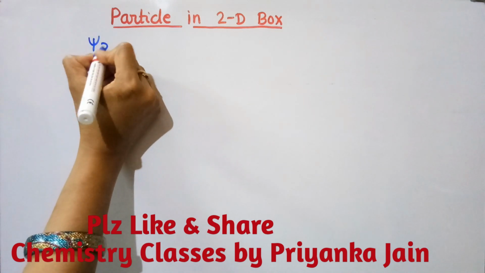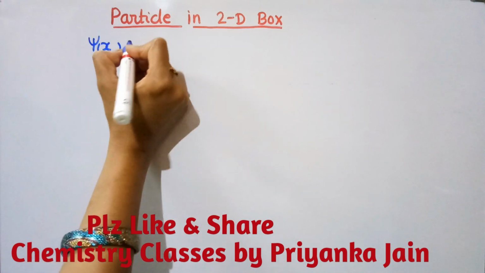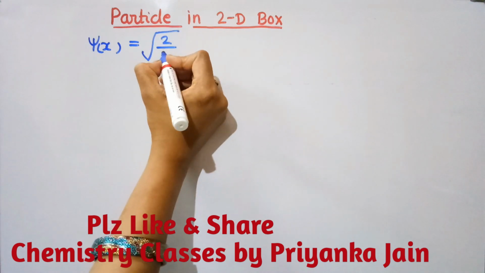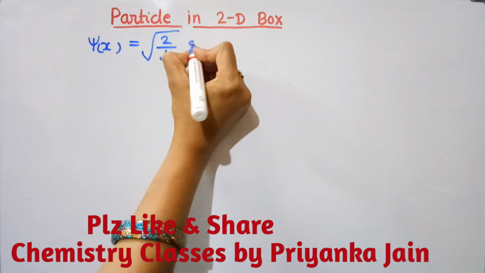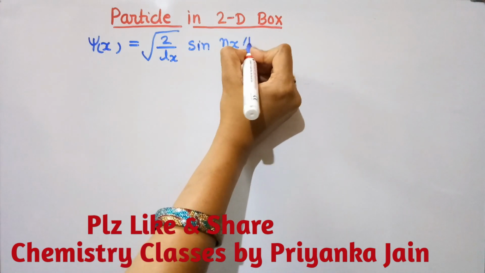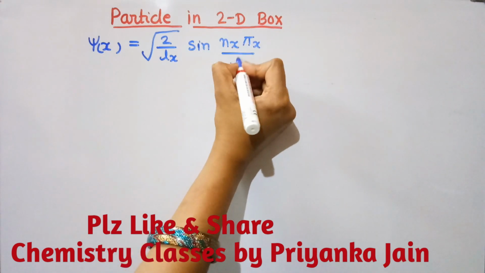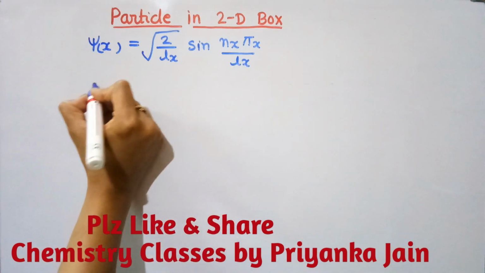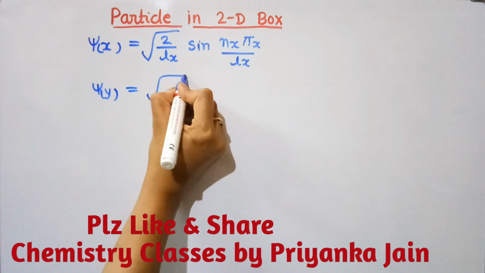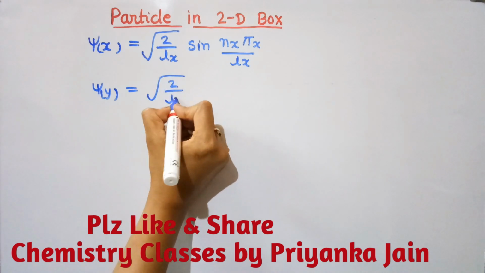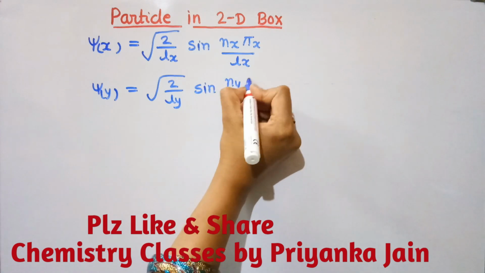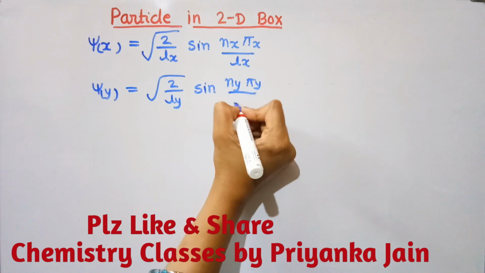Now psi x will be equal to √2 upon Lx sin nx pi x upon Lx, right? And psi y will be equal to √2 upon Ly sin ny pi y upon Ly.